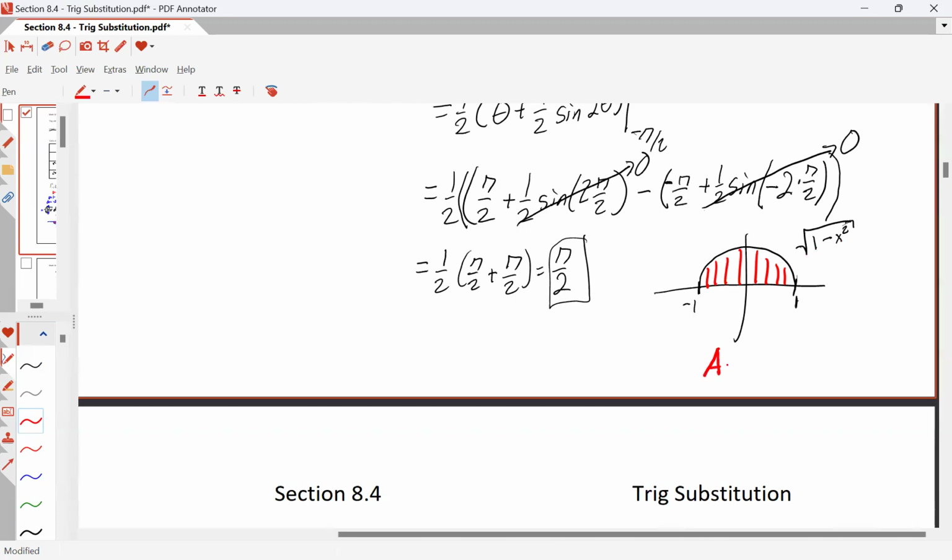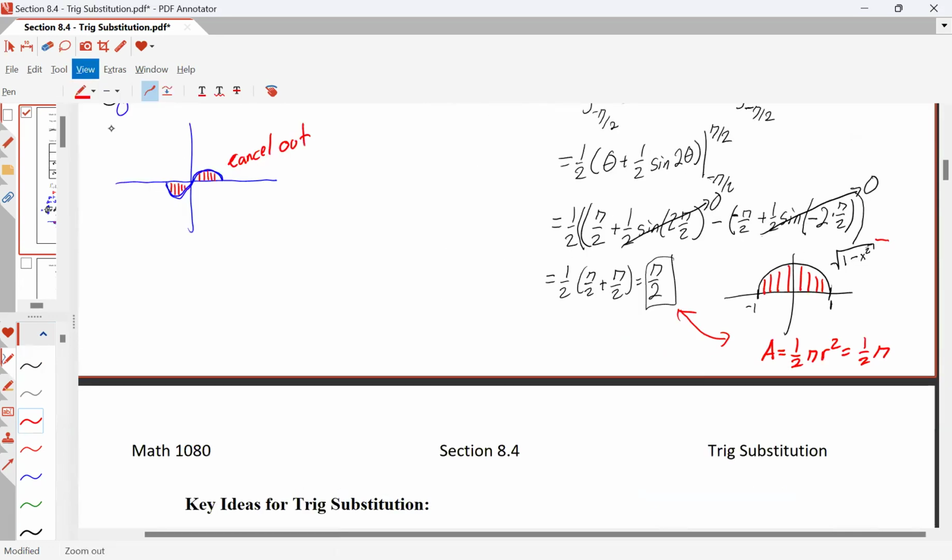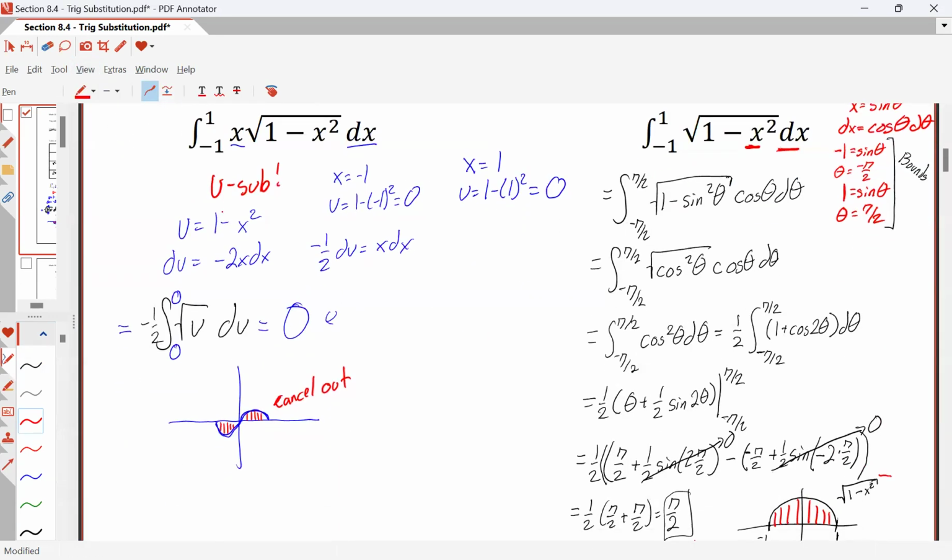The area of the top half of a circle is 1/2 pi r squared. Radius is 1, so this is 1/2 pi. So using our geometry, we get that this answer makes sense. So first thing to note with trig sub, with this first example, is to watch out for u sub, as sometimes it's a quick u sub problem, and when we can't use u sub and we have the right form, we can use trig sub.